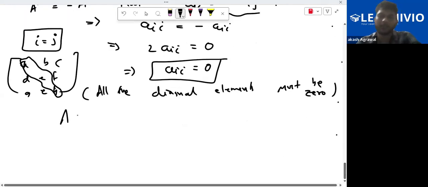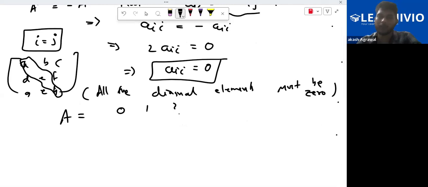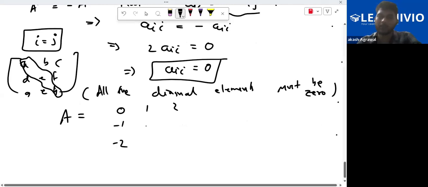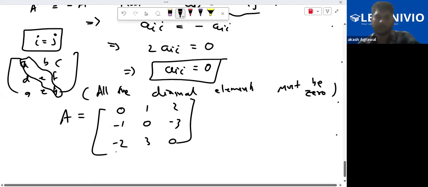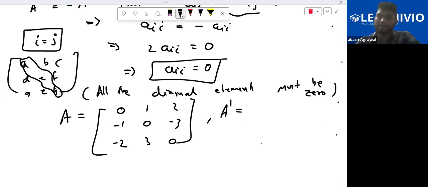If I have to give an example of a skew symmetric matrix, it should be like this: 0, 1, 2, then -1, 0, and suppose this is -2, then 3 and -3 and 0. Sir, only the main diagonal will always be 0?